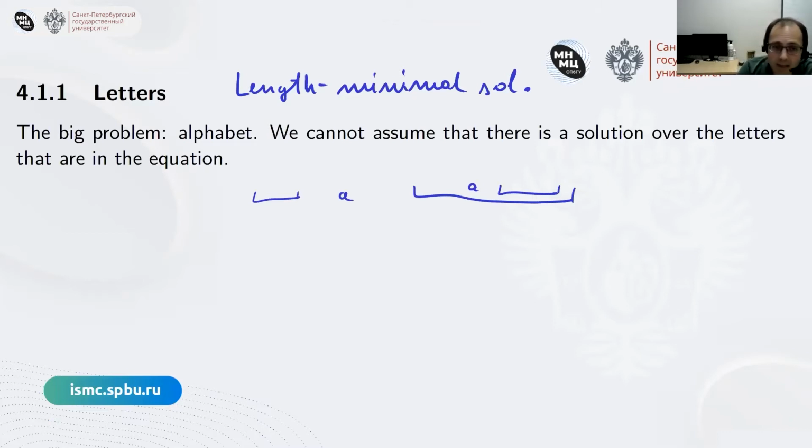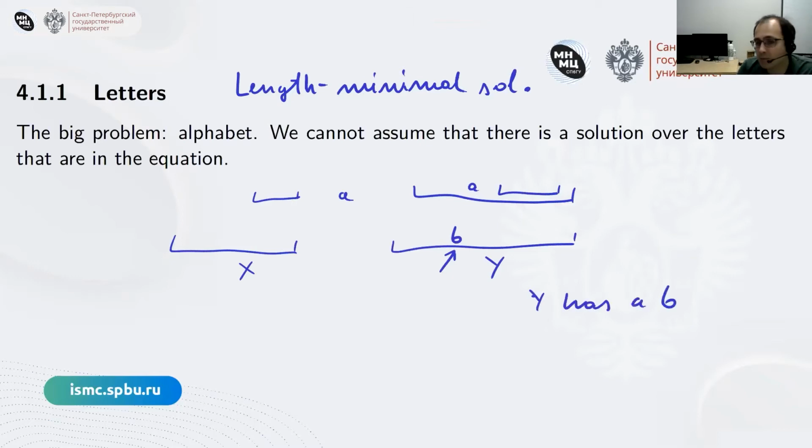So it could be that even in the starting equation, when you have those substitutions for the variables, you need some letter B here just to satisfy the constraint which says that y has a B, which can of course be specified as a constraint, but it could be that this B is nowhere in the equation.